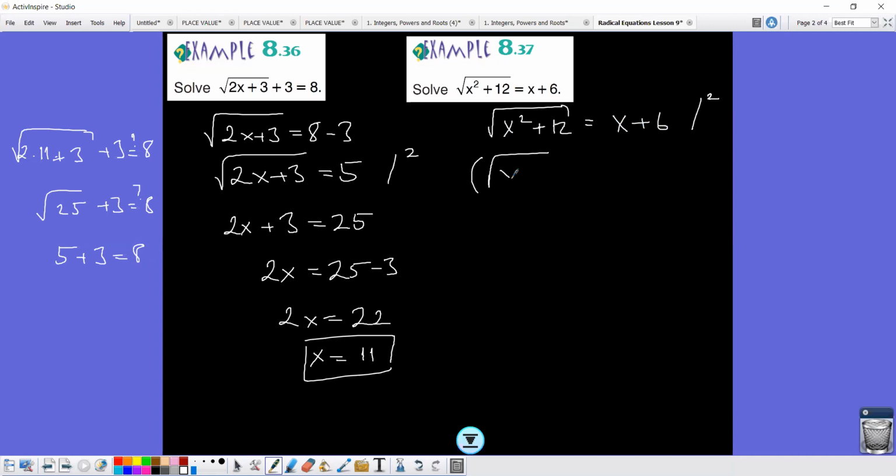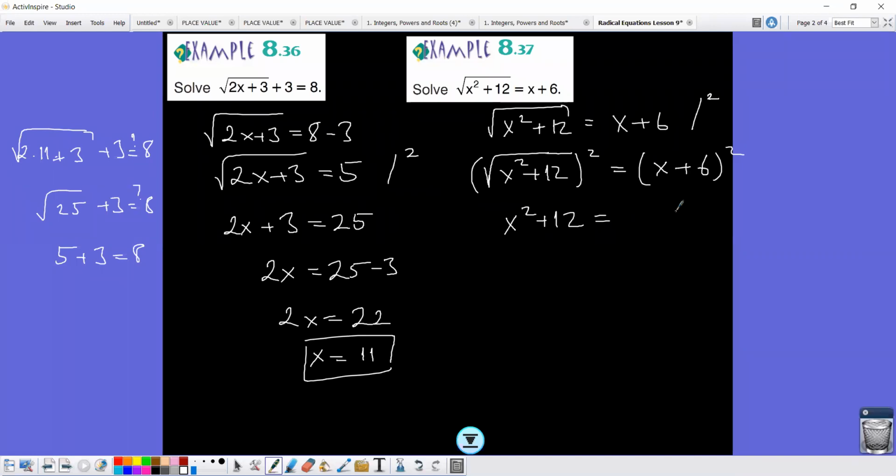It will become the square root of x squared plus 12, squared, and is equal to x plus 6, squared. Now the square root and square will cancel each other: x squared plus 12 equals x squared plus 36.